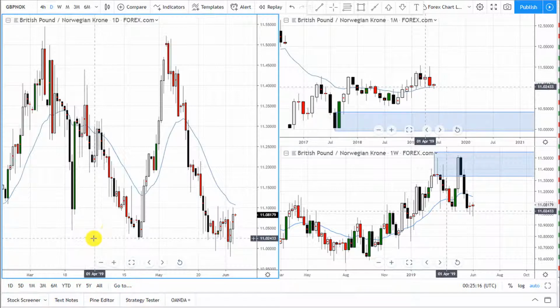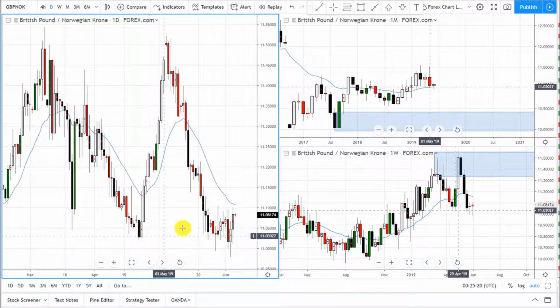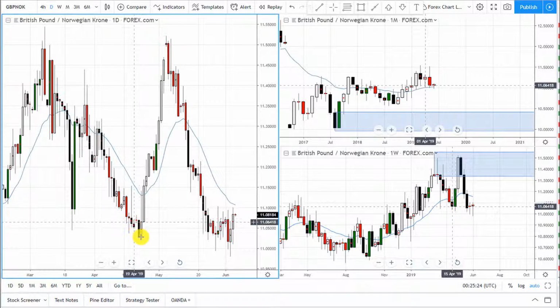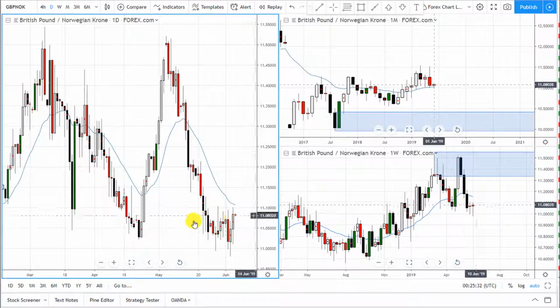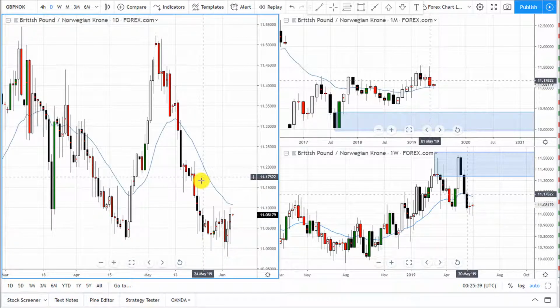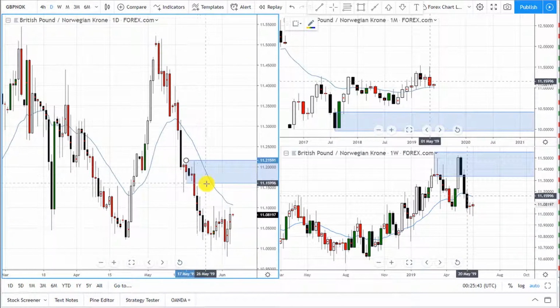So we know that it's not going to work, but on the daily time frame, it is demand zone, if that makes any sense. But if you understand the rules of this trading methodology and understand the nuances, yes, this does make sense. This is demand, but this is not. But since this is demand on the daily chart, this will be supply. So this is supply.